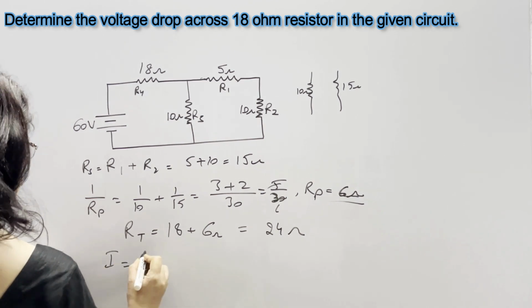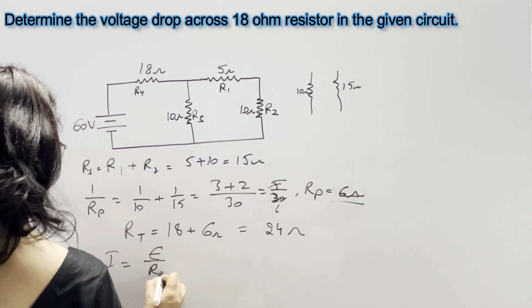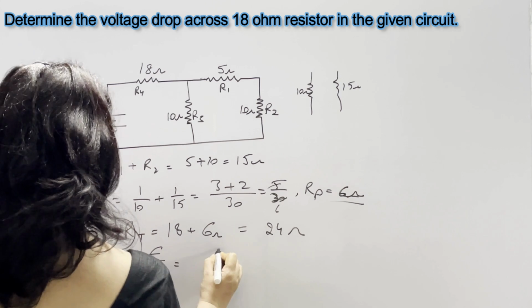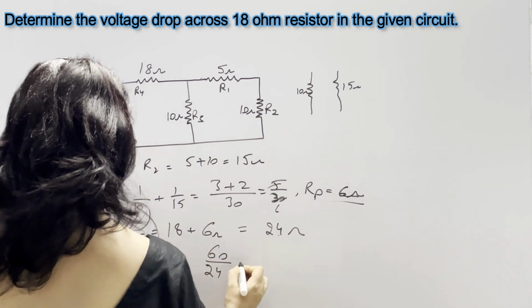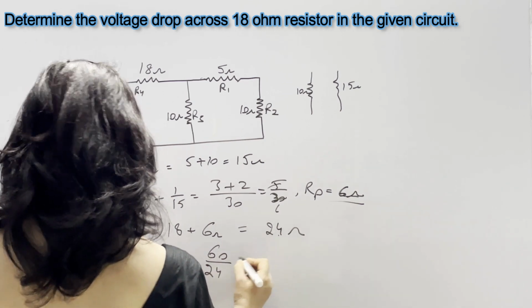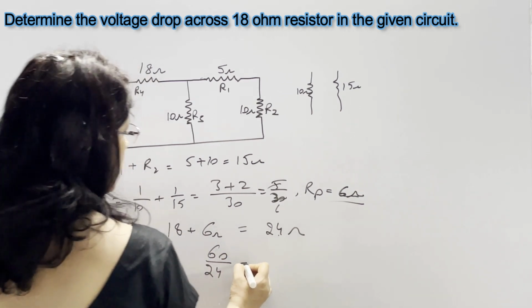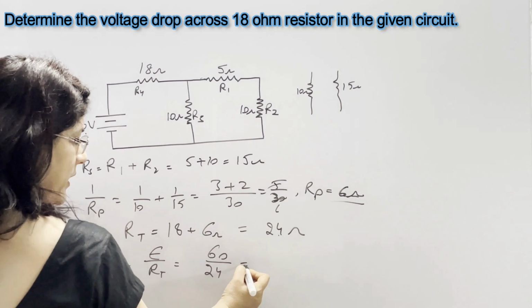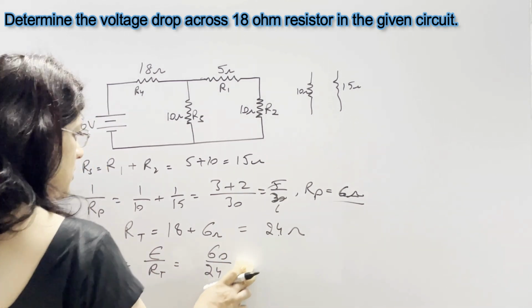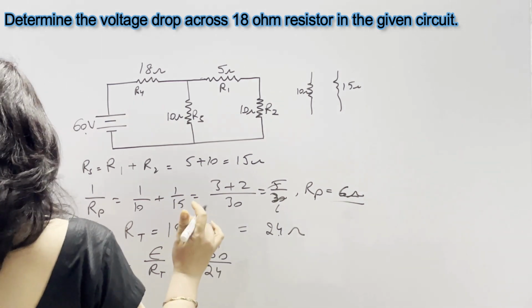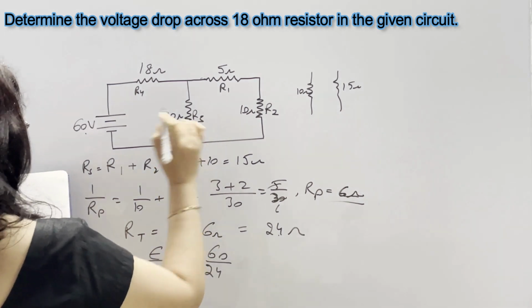Now the current in the circuit is EMF divided by total resistance. EMF is given as 60, so 60 upon 24. You need not calculate in decimal at this point; you can leave it as it is, because the final answer they asked for is only the voltage drop.